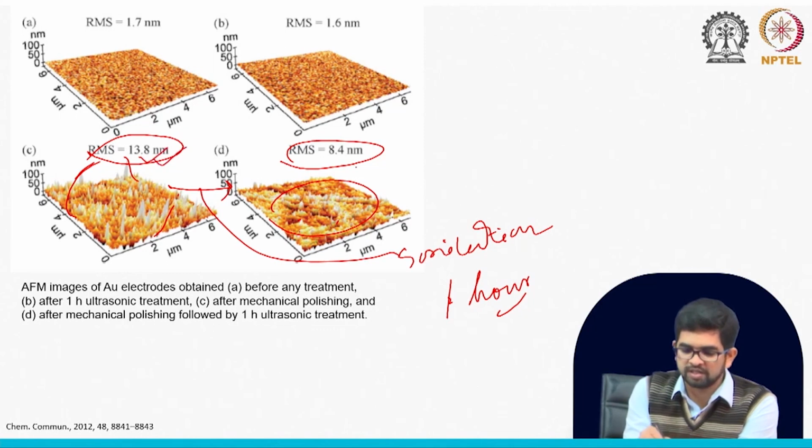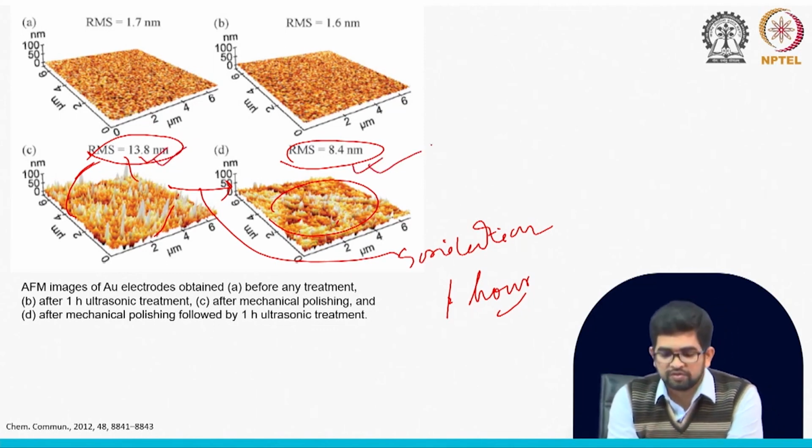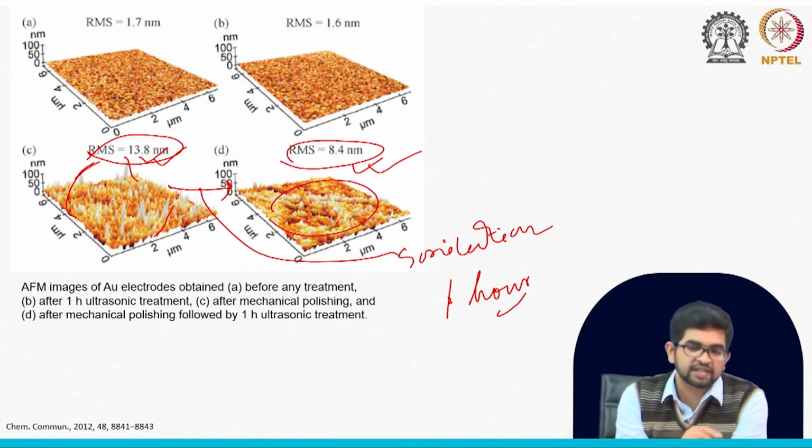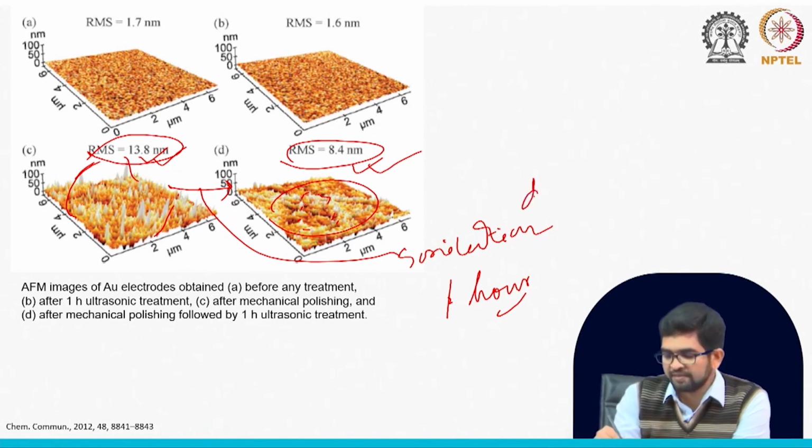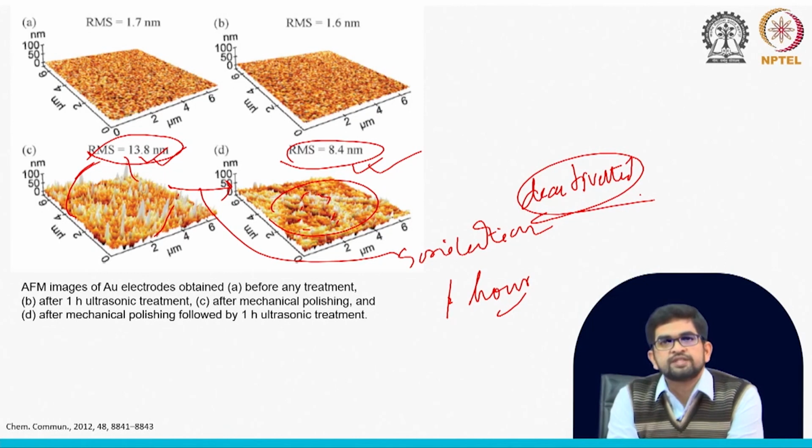So it was 13.8, now 8.4 nanometer. It means the active surface is knocked out and it becomes smoother and deactivated.